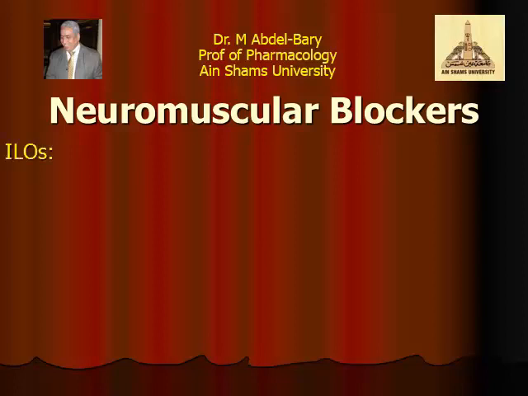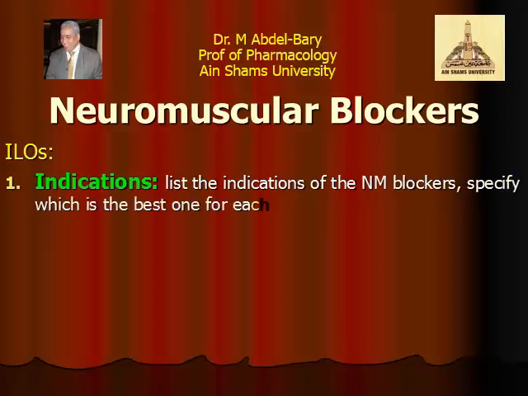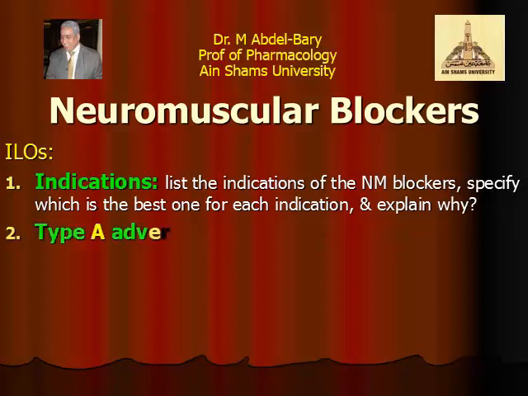By the end of this second part, the student should achieve the following intended learning outcomes, or in other words, he should be able to: 1. List the indications of the neuromuscular blockers, specify which neuromuscular blocker is the best for each indication, and give reasons for his choice. 2.